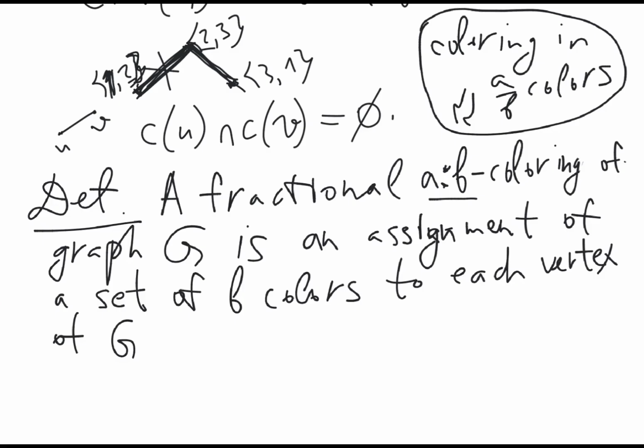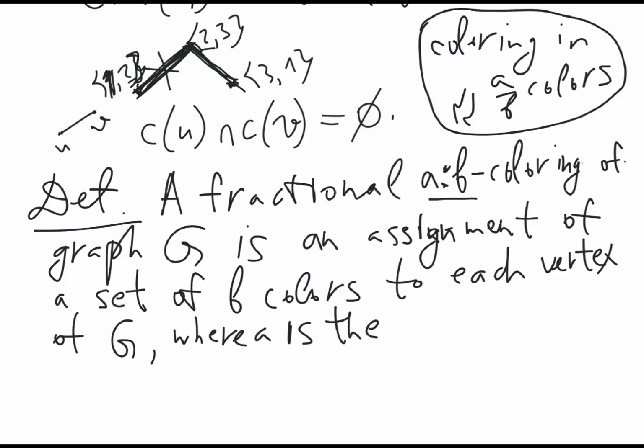Set of B colors to each vertex of G, where A is the total number of colors.